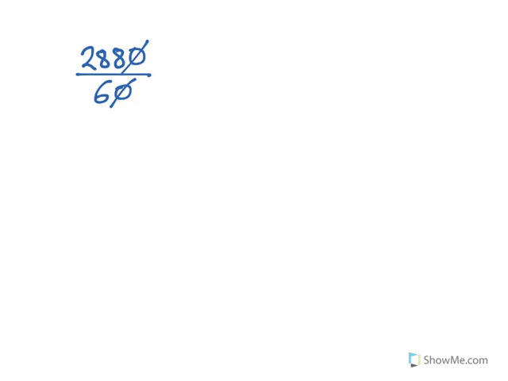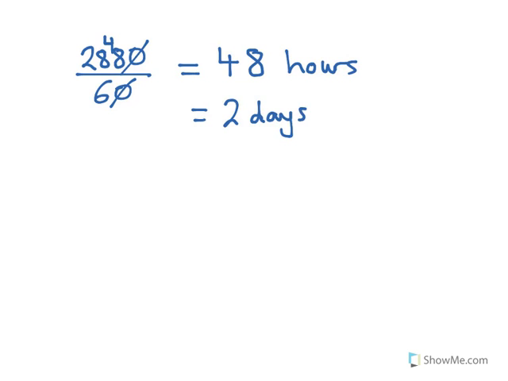The zeros cancel. 6s into 28, 6 4s are 24. We had 28, so there's 4 left over. 6s into 48, 6 8s are 48. So we get that that is 48 hours. And look, isn't that convenient? It actually works out that it would take us 2 whole days of filling the pool to get the pool filled with water.